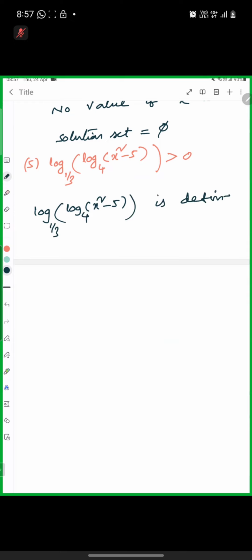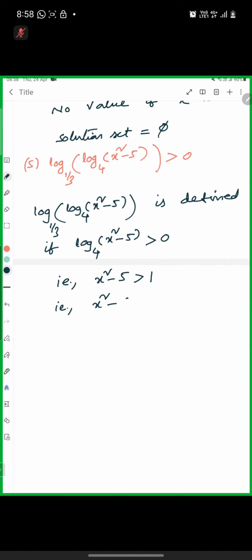I'm not solving the inequality. First, I'm going to find the x values that define the logarithmic functions given. So it is defined if log of x square minus 5 to the base 4 is greater than 0, that is x square minus 5 greater than 4 power 0. The base is more than 1, so no change in the inequality. 4 power 0 is nothing but 1, so x square minus 6 greater than 0.